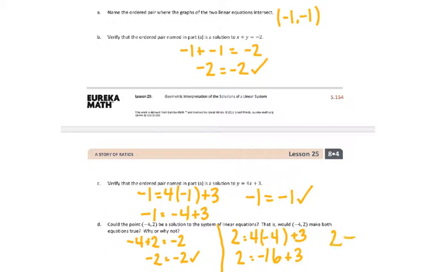So now we have 2 equals -13, which will never be a true statement. So this point, -4, 2, is not a solution to our linear equation system. So no, not a solution.